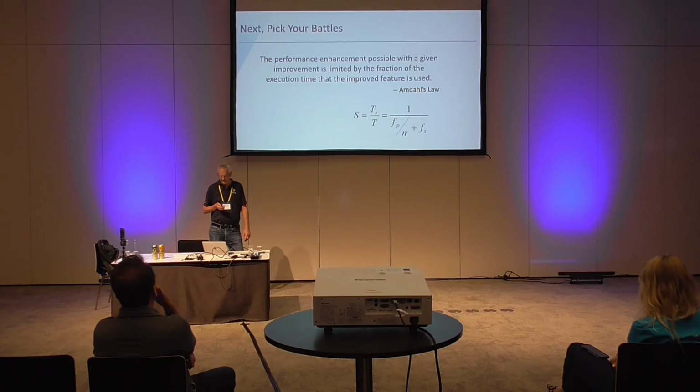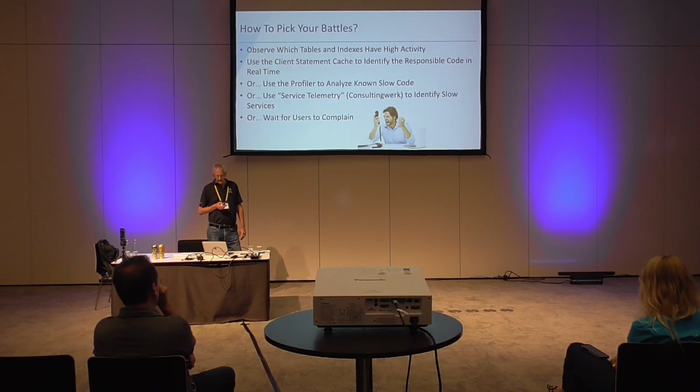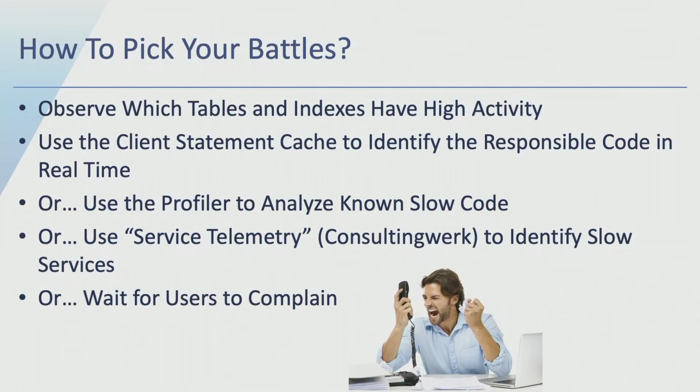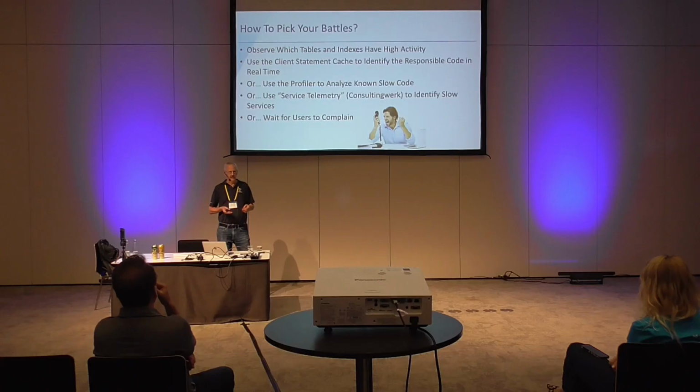Well, how do you go about finding them? There's a couple of ways to do that. First of all, you can try to observe which tables and indexes in your application are really active. So where is the activity? Is it customer records? Is it orders? Is it the vacation table?